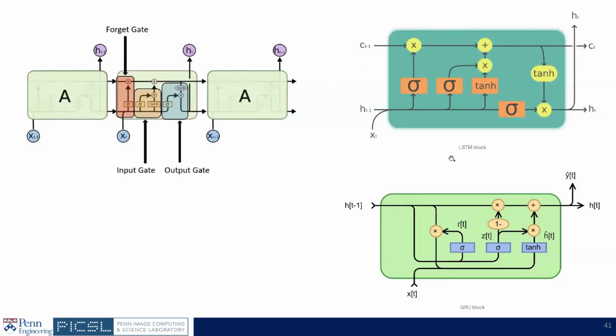It's called an LSTM block or a GRU block, a long short-term memory block or a gated recurrent unit block. These are basically simple addition, multiplication, sigmoid and tanh functions that you apply to your input and then produce the output and the next hidden state. If you read these papers, you'll understand why it is attending to a smaller region and trying to forget information which is not useful anymore.